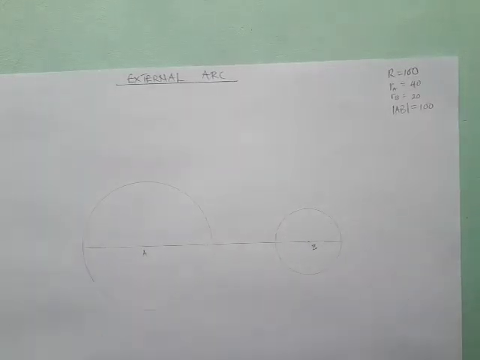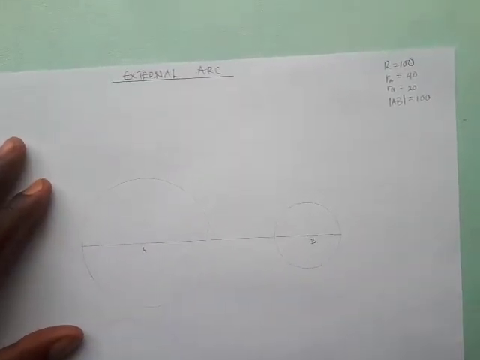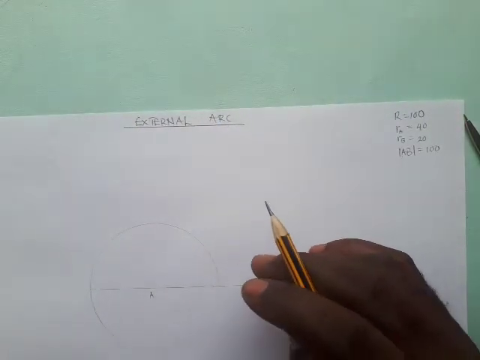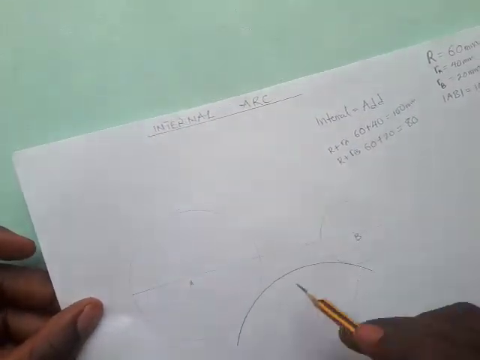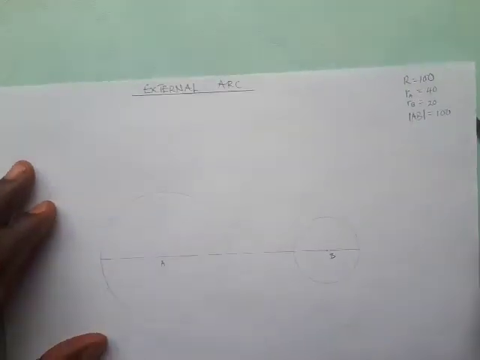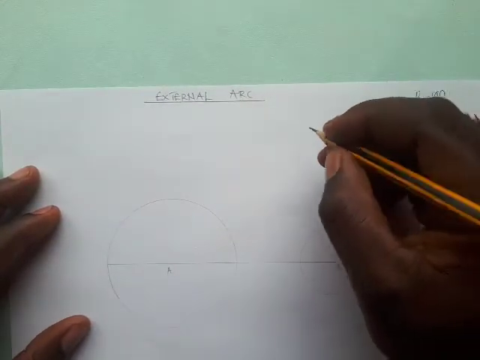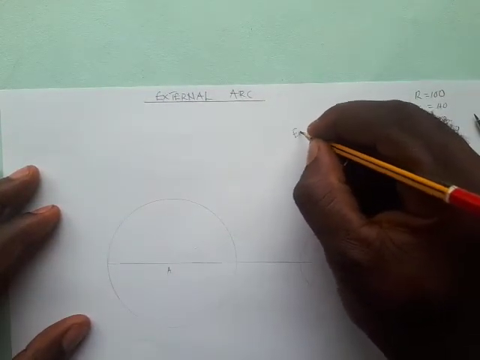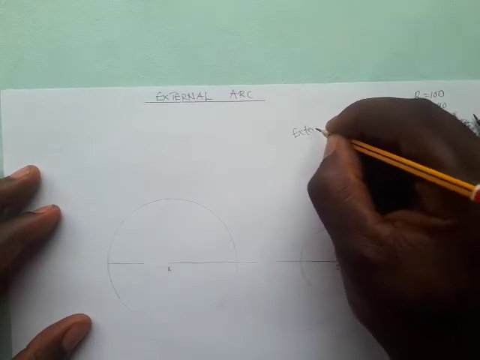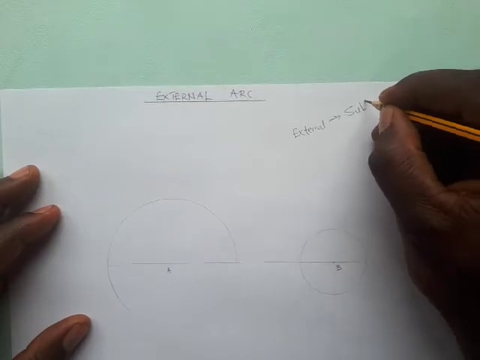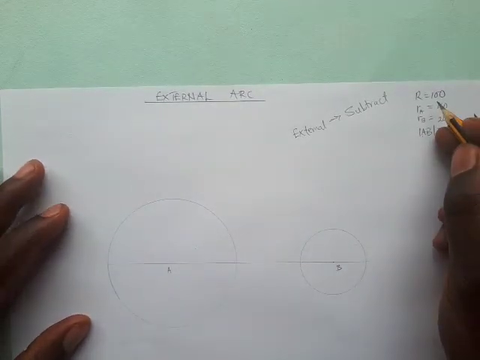All right, so now for external, the first one we did was what? An internal arc. Now for external arc, what do you do? You subtract. For external arc, you what? You subtract. So how are we going to go about it?